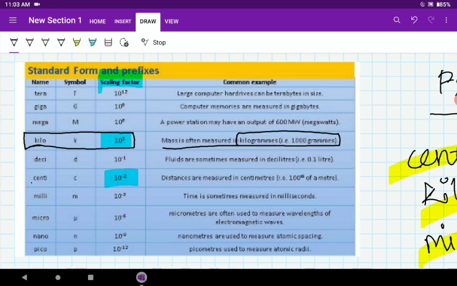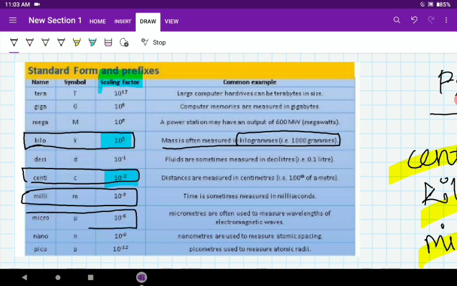You have deci. You don't use deci nowadays very much. It is used in measuring fluids and liquids. Deciliter. Centimeter is a very common one which we are using. Millimeter is very common. Millimeter, milligram, milliliter. You have 500 milliliter bottles. See, micrometer is one which is used very much in order to describe microorganisms, lengths, bacteria.